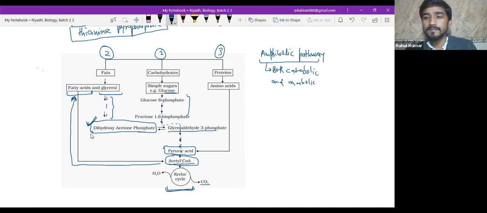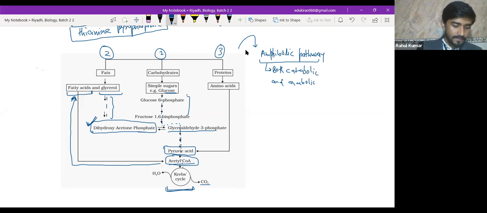That's why nowadays we consider the respiratory pathway as an amphibolic pathway. Is it clear? This question came in the board: justify the respiratory pathway as an amphibolic pathway. Will you be able to do it now?